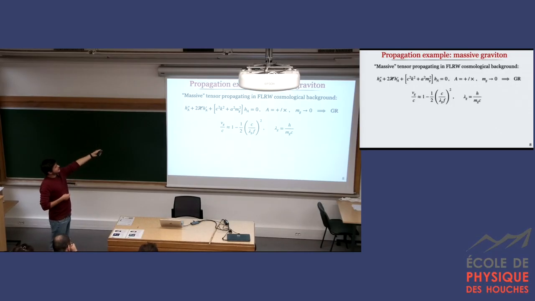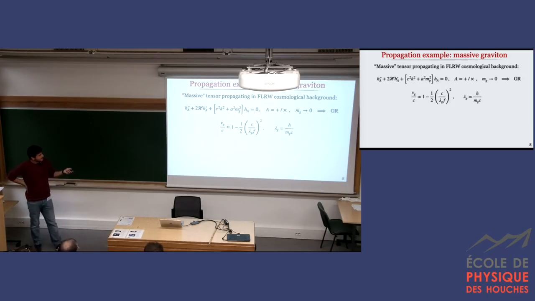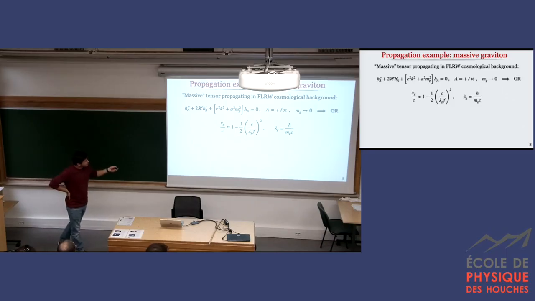If you have your gravitational field propagating in a cosmological background, your tensor field, the Fourier transform of the gravitational wave, will satisfy an equation like that, where this term here will be 0. When we say we have a massive graviton, we are essentially saying there's an additional term here, which we will call the mass of the graviton.